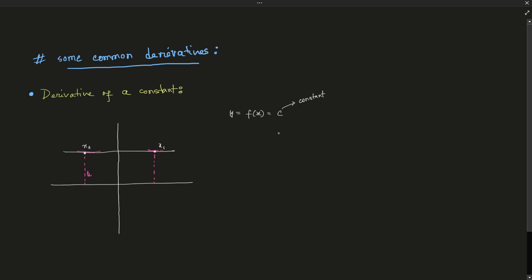And so the slope will be del y by del x. The change in y is always 0 because y is equal to c. So it's basically c minus c over x1 minus x naught, so it will be 0. So f prime of x is equal to 0.